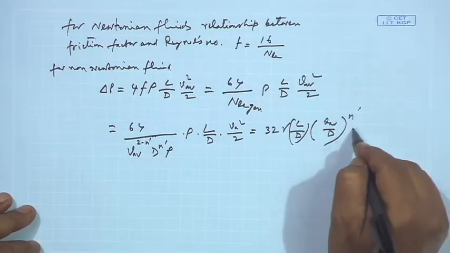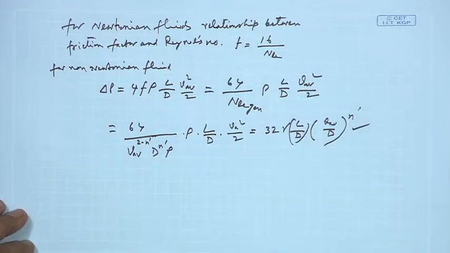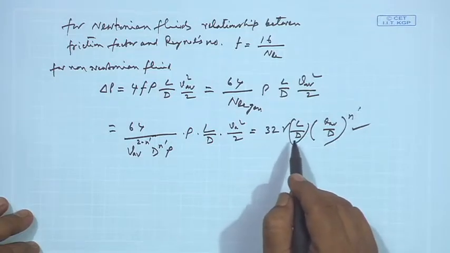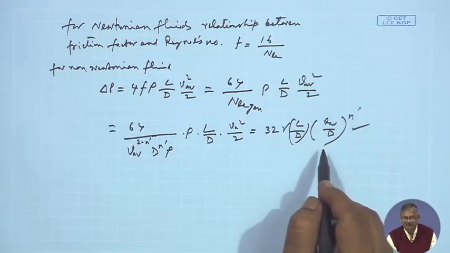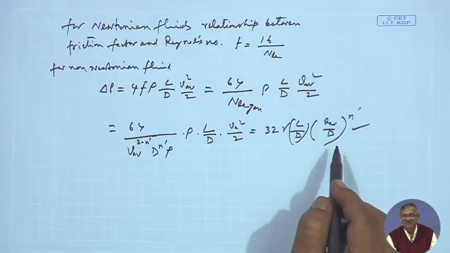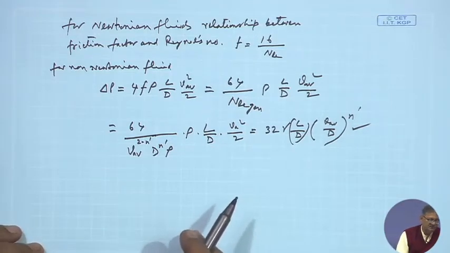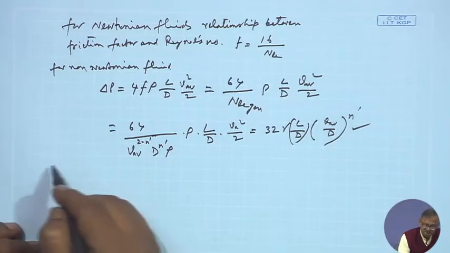So, delta P with F for non-Newtonian fluid can be related like this. For non-Newtonian fluid, delta P is 32 gamma L by D, V average by d to the power n prime, right.